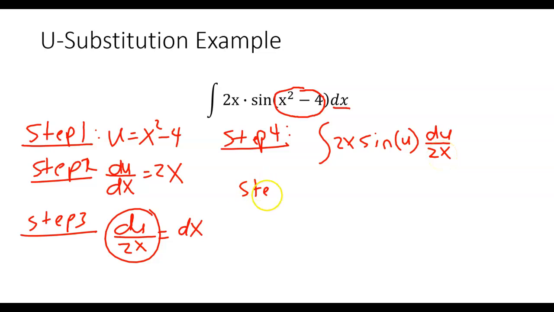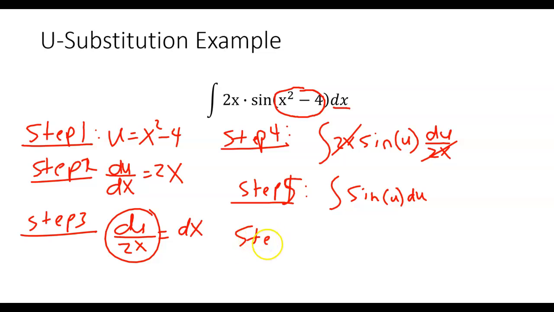Step 5 is to simplify. At this point in the process, your x's should cancel out, and you end up with a simpler expression that no longer has x's in it. In step 6, you go ahead and integrate like you normally would.